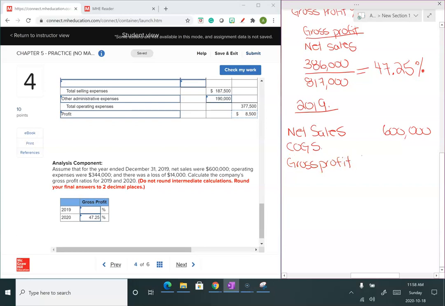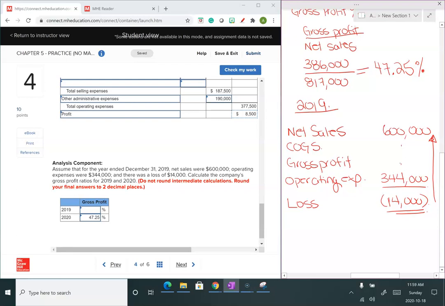And then if we minus our operating expenses, so those are our selling and admin, they told me my operating expenses were 344,000. That will give me my profit or loss. And in this case, I have a loss of 14,000. So if I just work backwards, I can actually get these missing numbers.